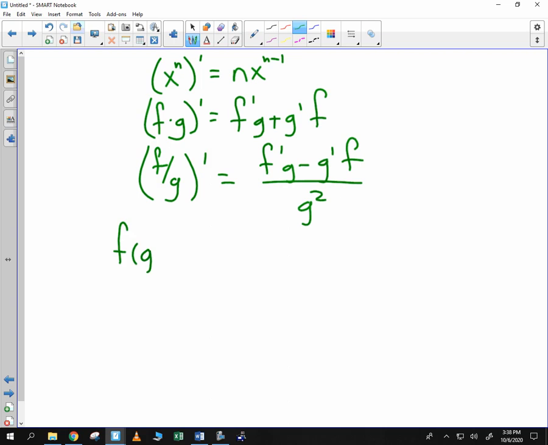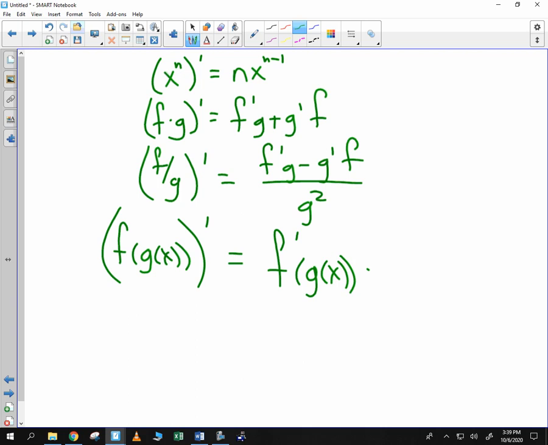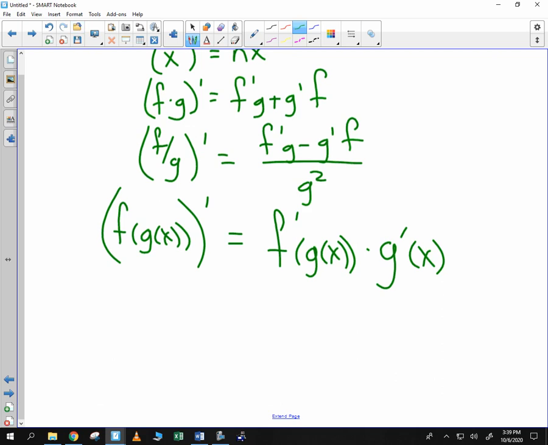The chain rule, the derivative of a composition function, we take the derivative of the outside with the inside left alone times the derivative of the inside. Those are our major rules.